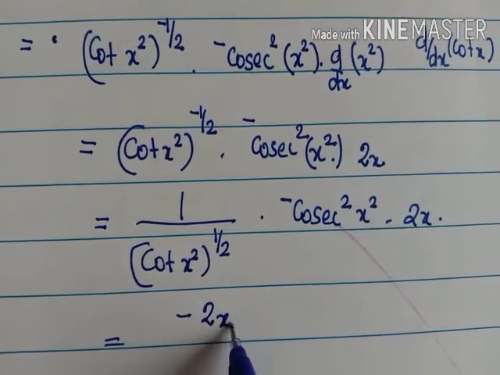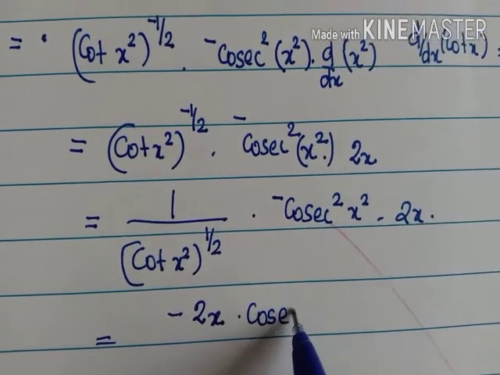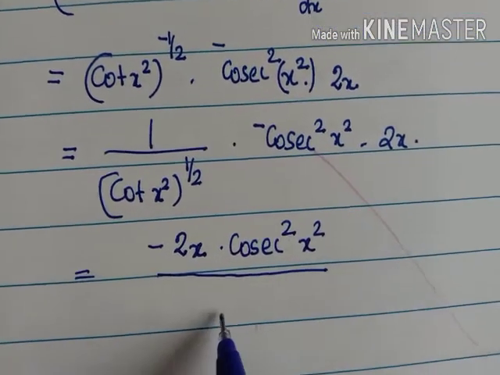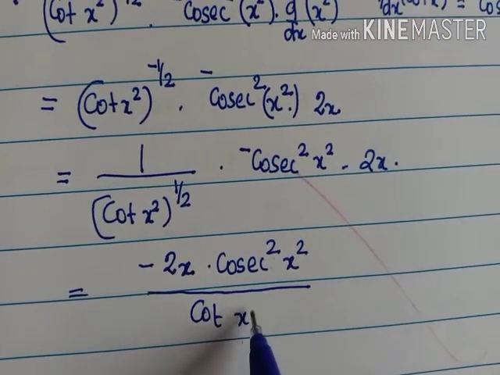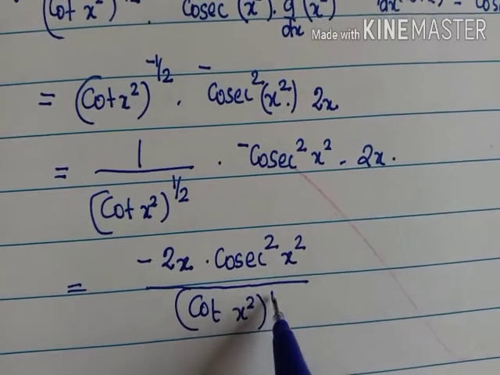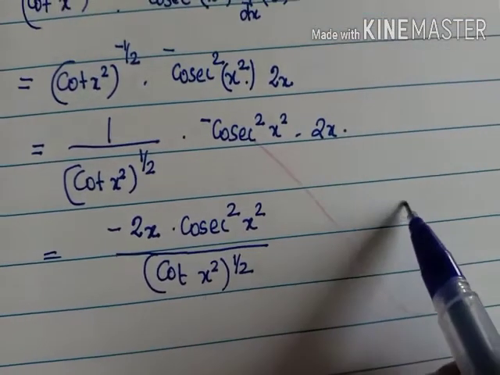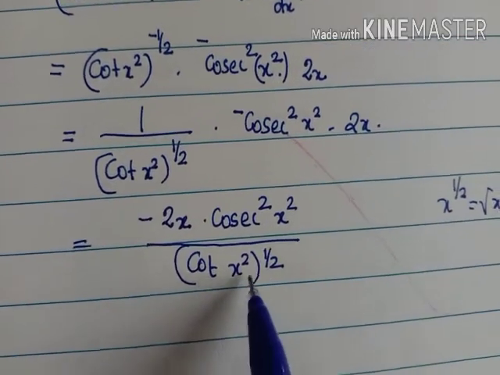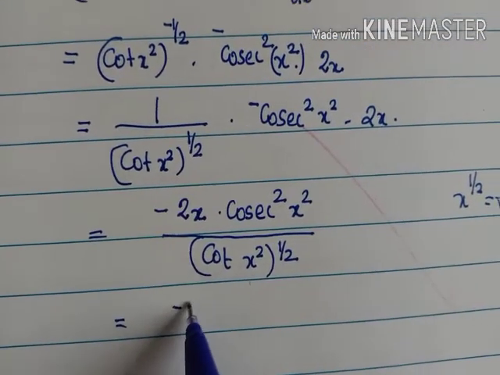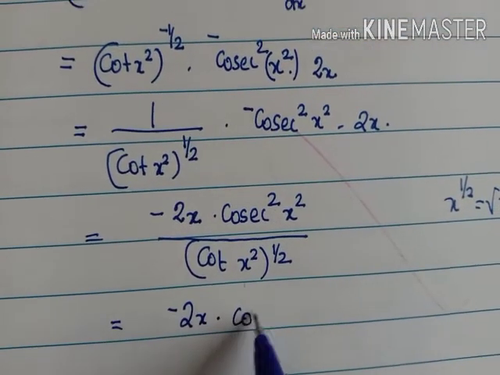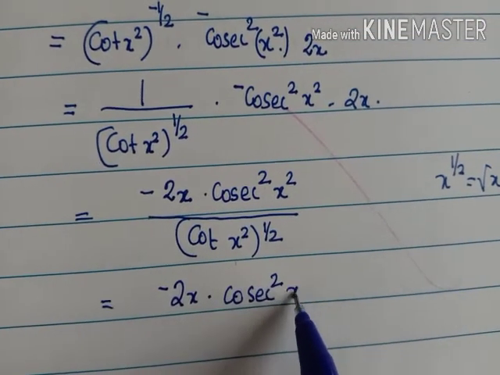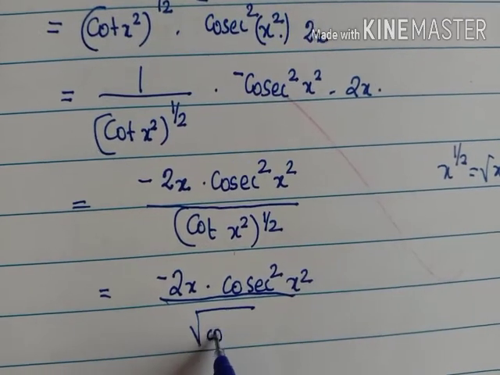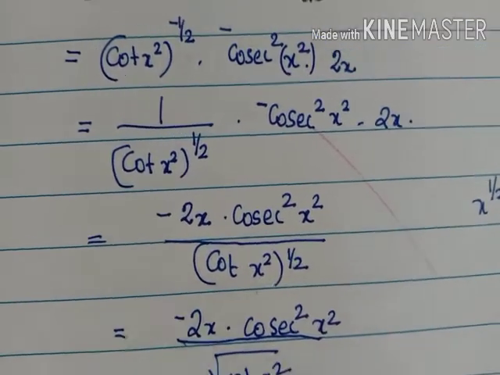So negative 2x into cosec square x square divided by cot x square raised to 1 by 2. Now raised to 1 by 2 means root. So this can be written as minus 2x into cosec square x square divided by root of cot x square.